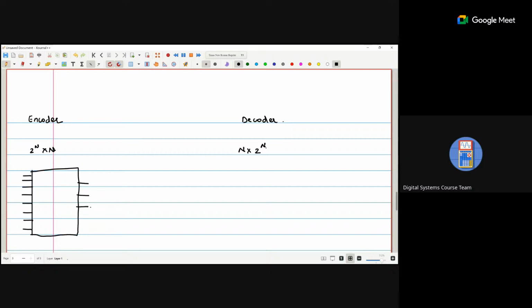Okay, and that will be controlled with the enable pin. If the enable pin is 0, that particular encoder or decoder circuit will not work. If the enable value is 1, then this particular encoder and decoder will work.